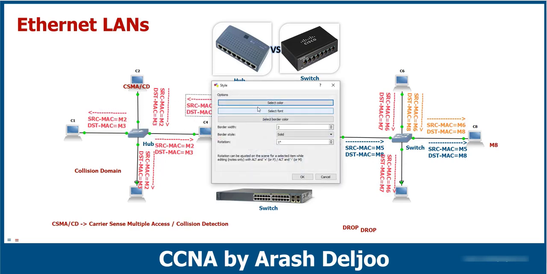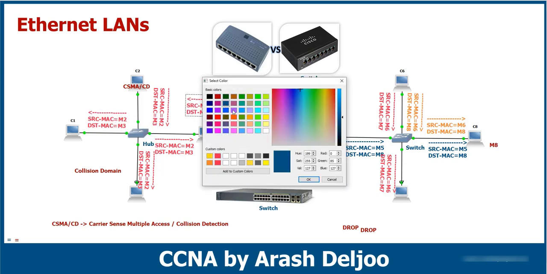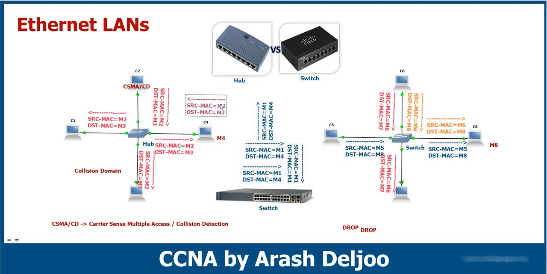For example, let me show you. This is the traffic from C4, from the MAC address of computer 4 to the MAC address of computer 1, for example. When you start sending traffic, computer 4 also starts sending traffic, and you know that now we have a collision, and this is possible.